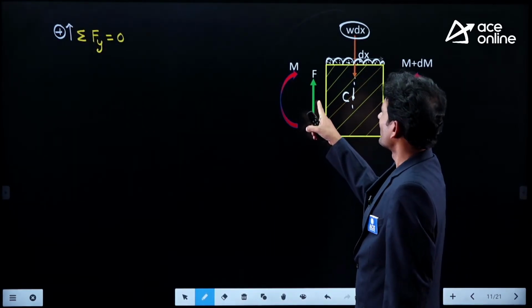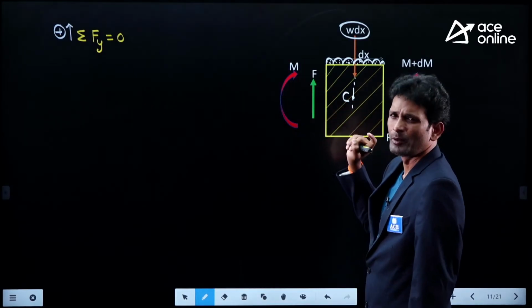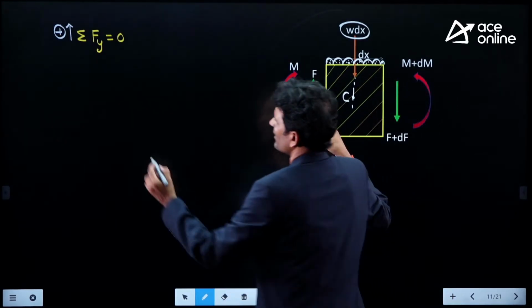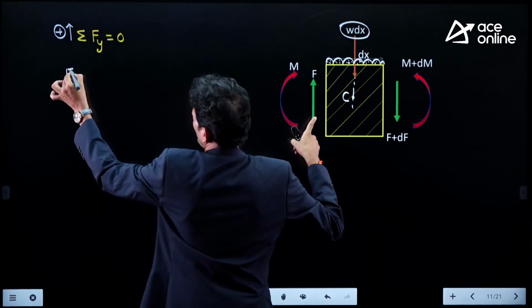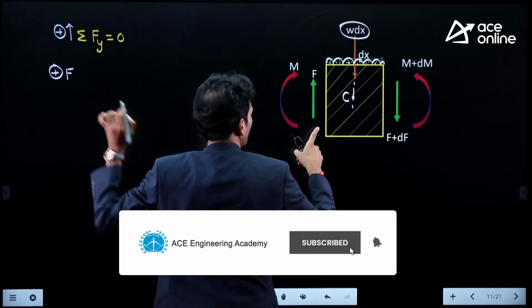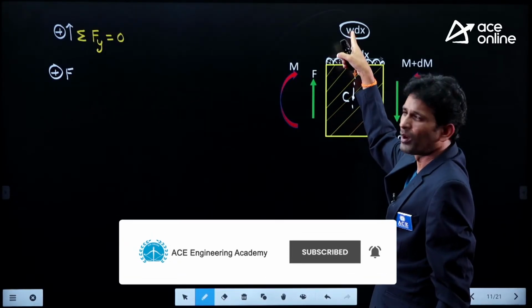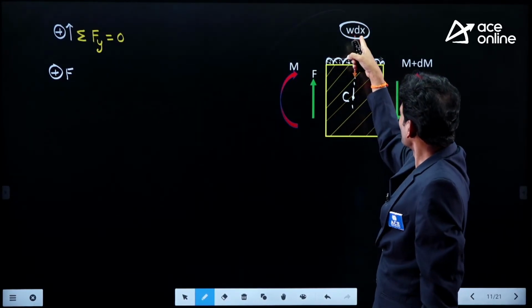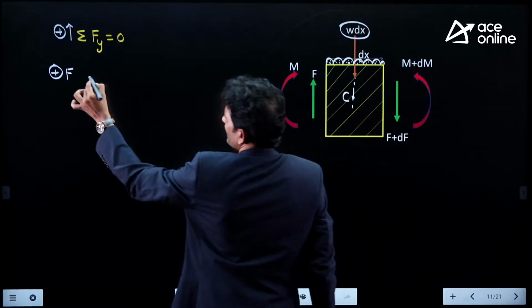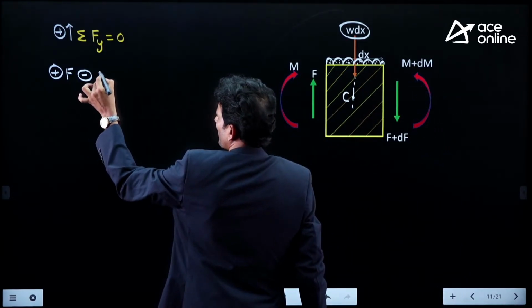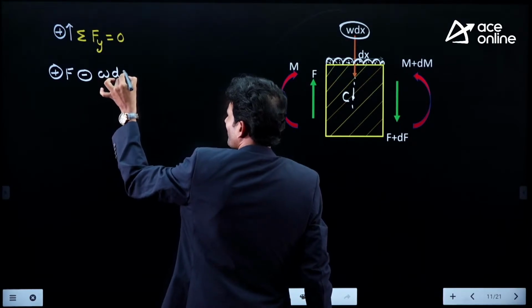Now look here, when we are taking the forces, we should not consider the moment. Now here one force is acting, F, in the upward direction. Let us take this as positive sign. And as I move on from here to here we are observing one downward force with a magnitude of omega dx. Being a downward force, I am using minus sign, omega dx.